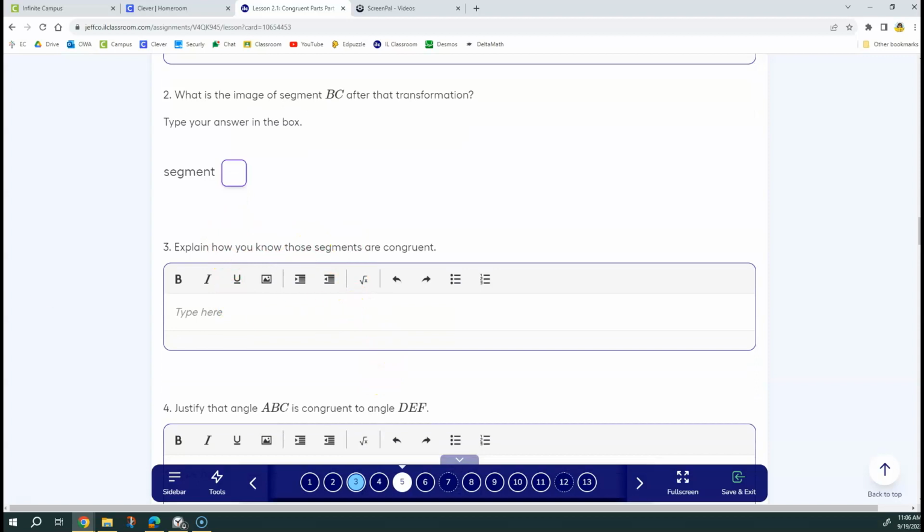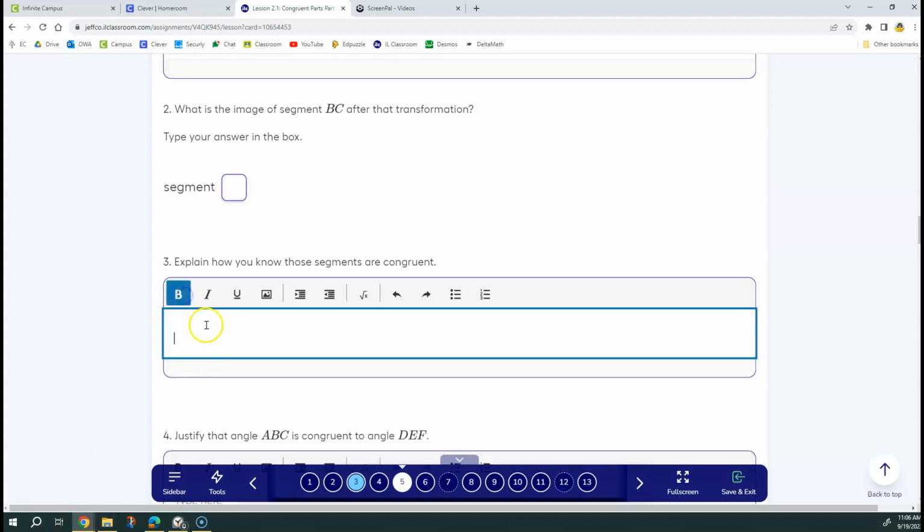How do you know the segments are congruent? Well, reminder, if you need to type it in for yourself, congruent means exactly the same. Same length or angle measurement.